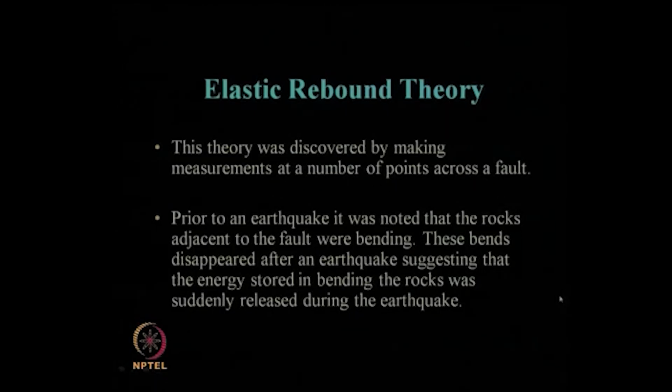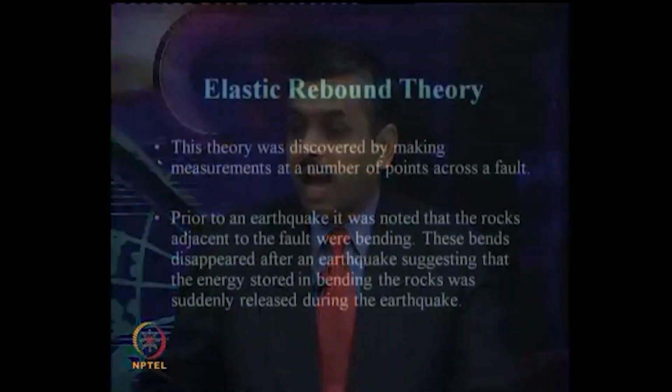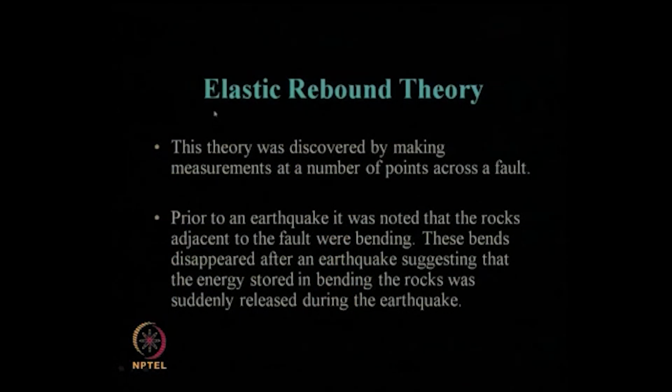That is, whenever there is a fault, which is nothing but a weaker section in the earth's crust, if we measure at a number of points along that fault how the movement or bending or stresses generated is taking place across those points, we can establish it through a theory which is known as elastic rebound theory.